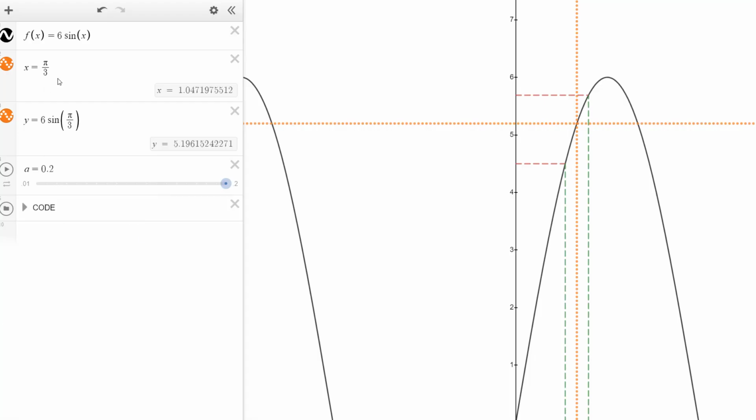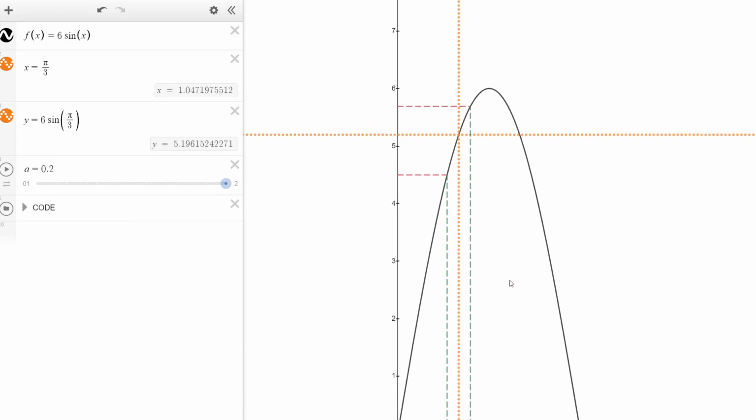Now, I've actually shown off to the left-hand side here the code, mainly because I don't always do that, but it's nice to kind of see what we're looking at. So we're looking at the function 6 sine of x. We're investigating what happens as x gets really close to pi over 3.